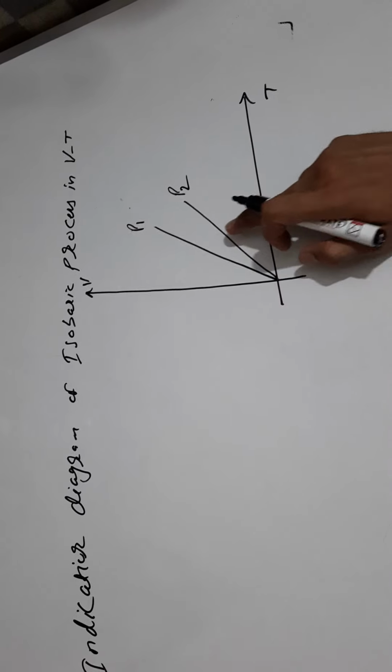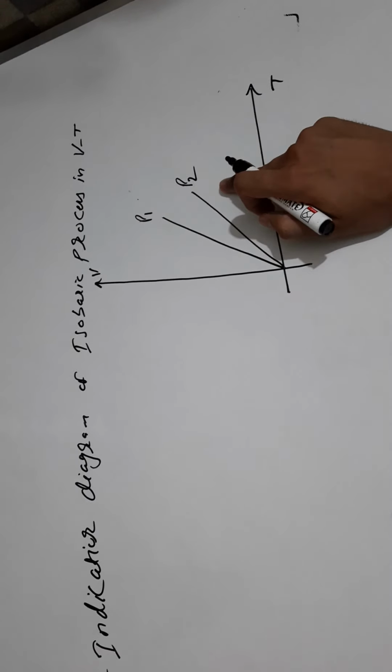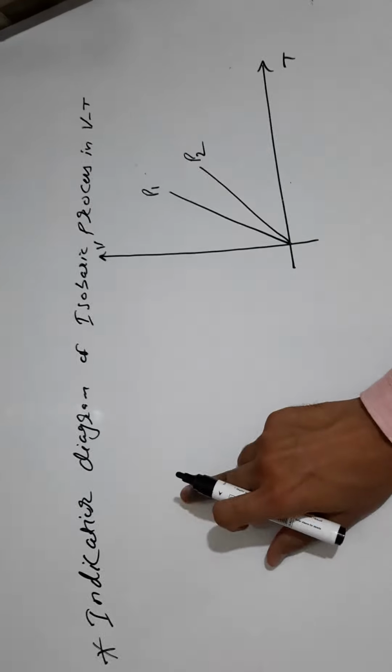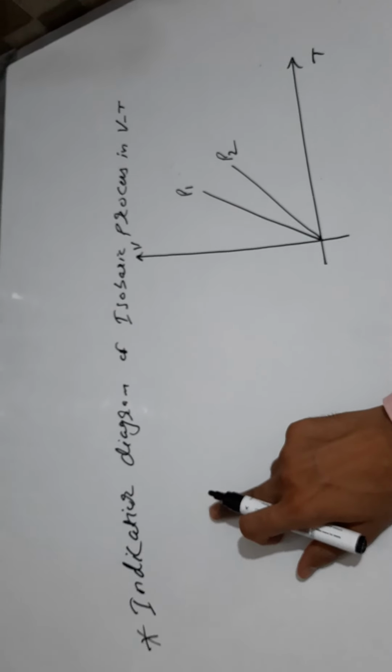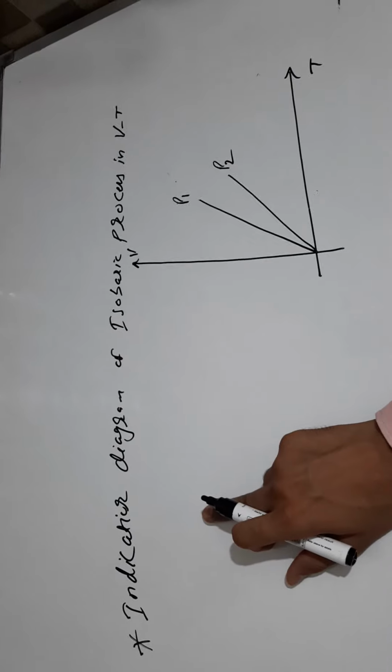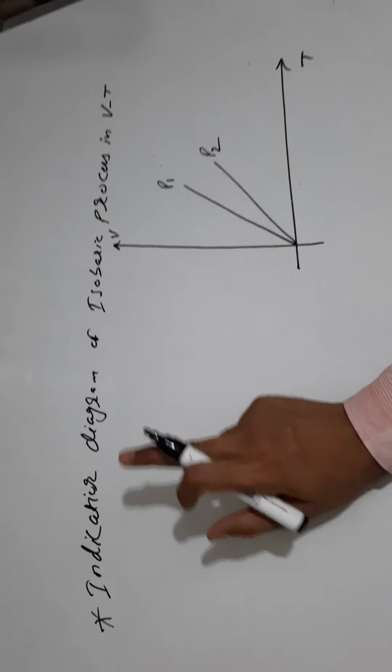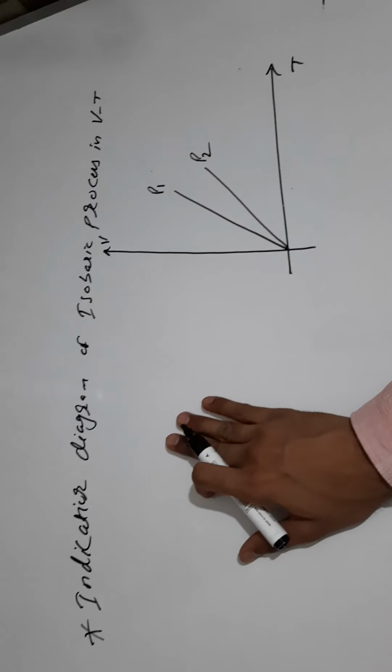This is the second isobaric process. The question is whether P1 is greater than P2, or P2 is greater than P1. Let's have a look at how to write these equations.